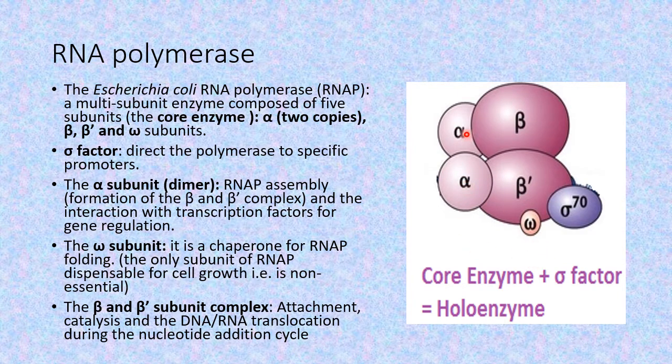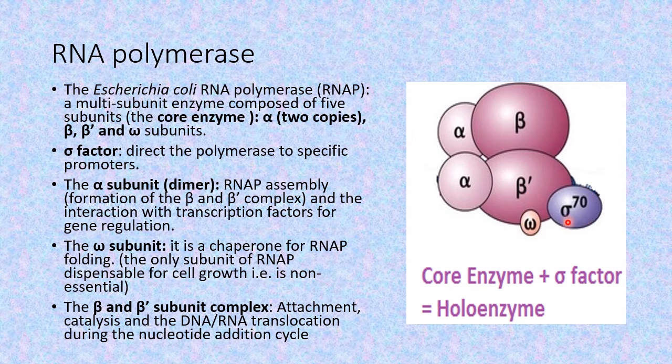Here the alpha subunit exists in the form of a dimer, and it is responsible for the basic assembly of this RNA polymerase and its interaction with the transcription factors involved.